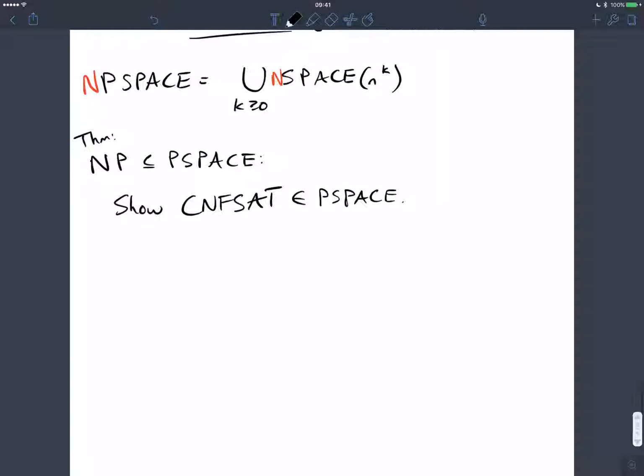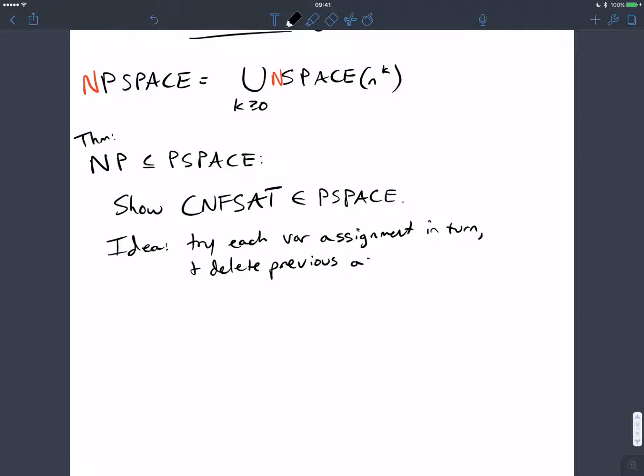So the idea is: try each variable assignment in turn and delete the previous assignment.